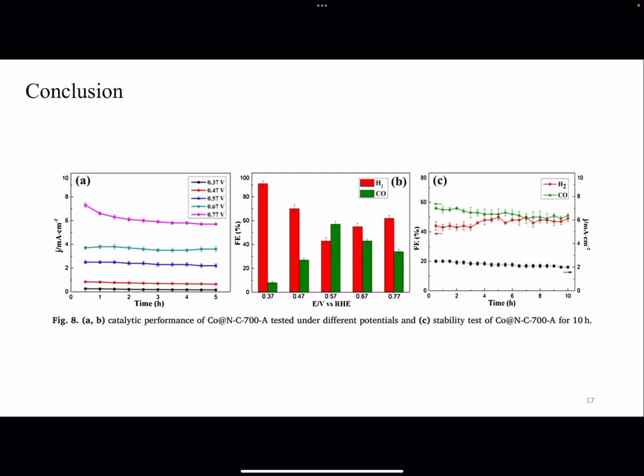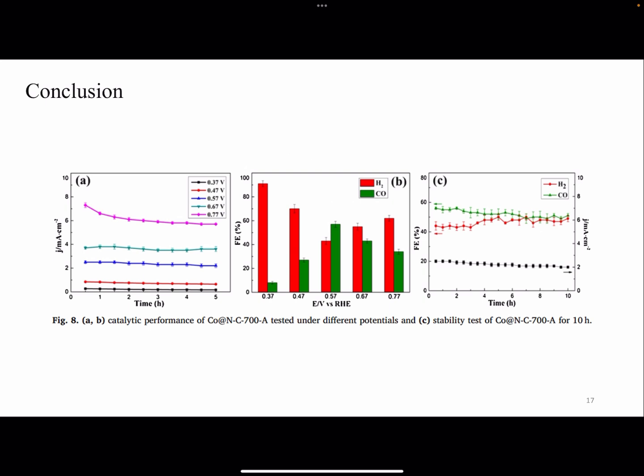And to conclude, this study successfully demonstrates a strategic approach to optimizing Co@NC catalysts for CO2 reduction. As we can see in images A and B, our optimized Co@NC700A achieved its best performance at the mild potential of negative 0.57 volt, which turned the CO to hydrogen ratio from hydrogen rich to carbon monoxide rich.